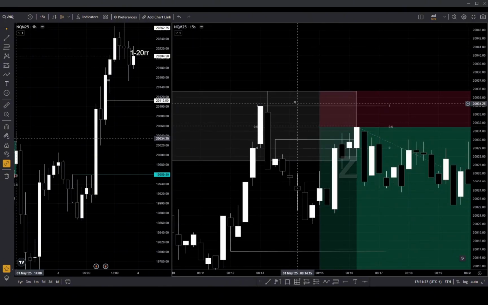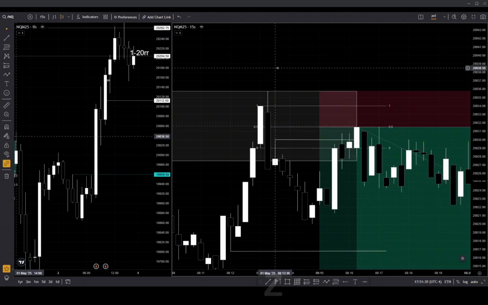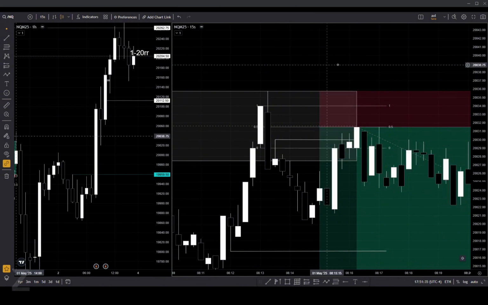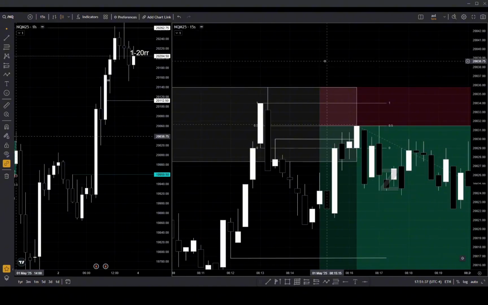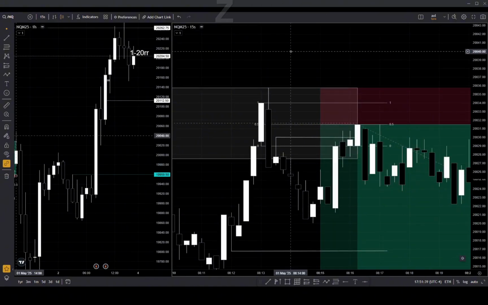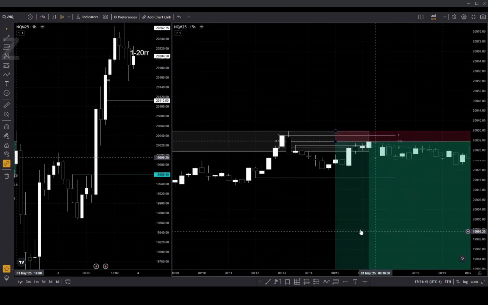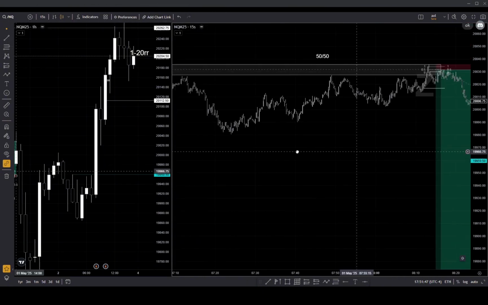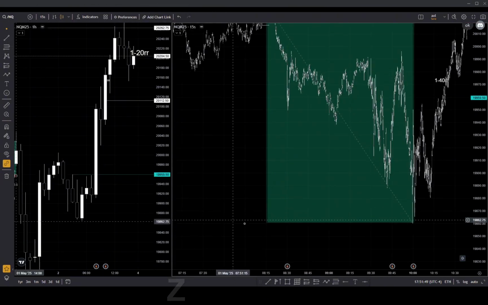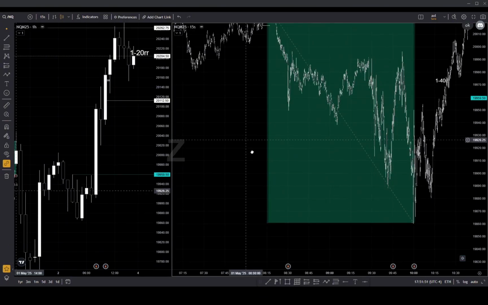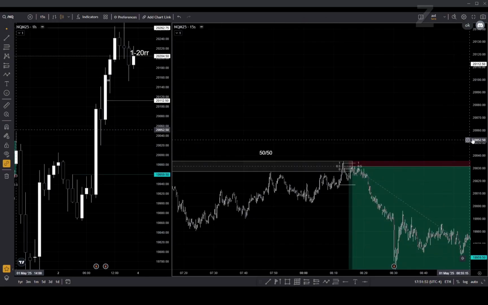So I trust this analysis, but you don't have to do that, okay? You always have to wait for confirmations and confluences. In the next trade, I'm going to explain a trade with confirmations and confluences. But basically in this trade, I take the limit order at the 0.5 of the order block. I close two contracts at one risk, 20 reward, and the last one I closed for some profits. So this is basically the trade.